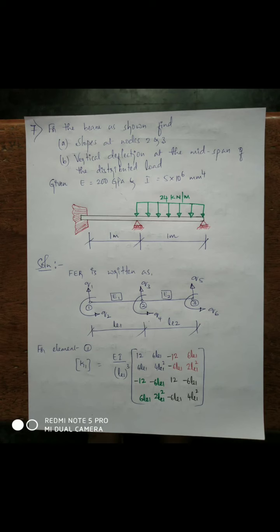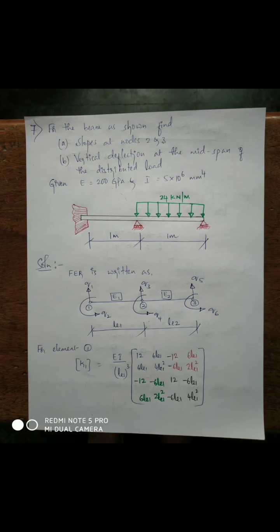Through this explanation, I want to convey this information very clearly: slope and deflection or displacement are the alternative words used in the problem definition, which will help us to find out the displacement, that is Q1, Q2, Q3, Q4, depending upon the requirement of the problem.